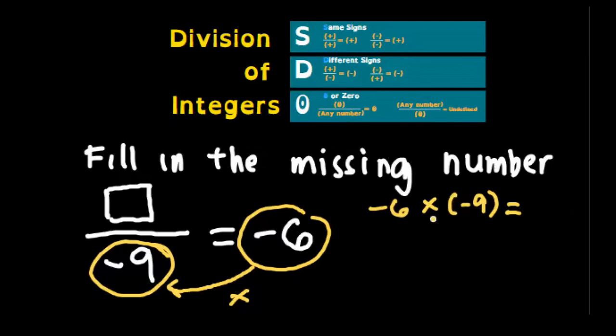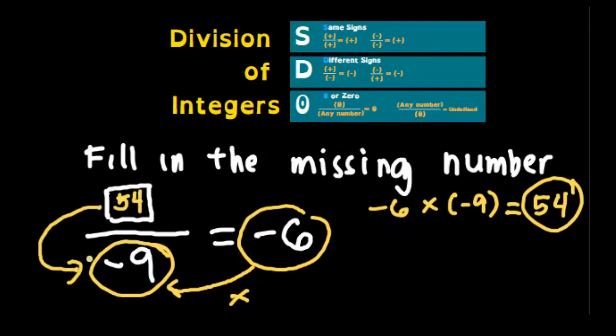So, same sign po. So, negative 6 times negative 9 is positive 54. Okay? Therefore, ang nawawalang number dito ay positive 54. Kung gusto nyong i-check, 54 divided by negative 9, that is negative 6.